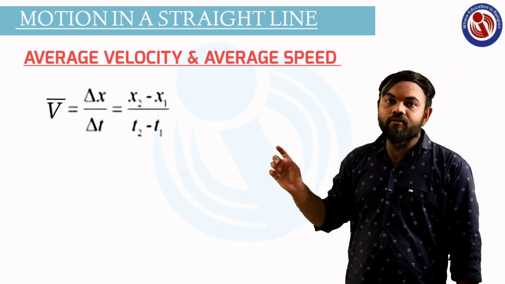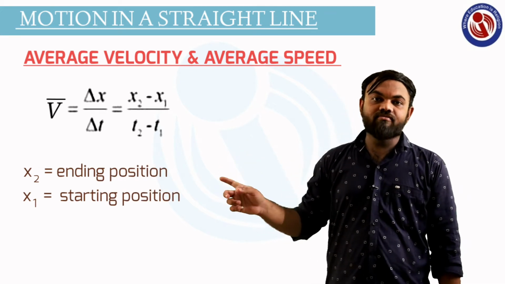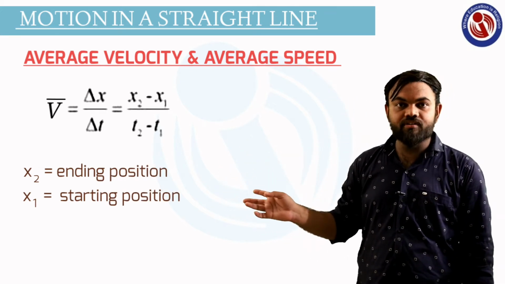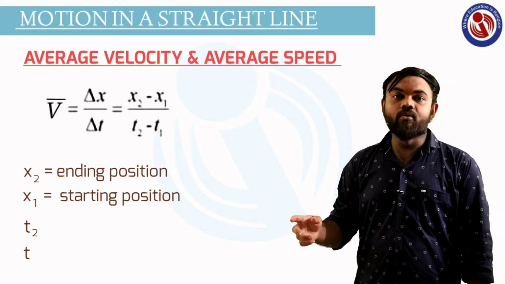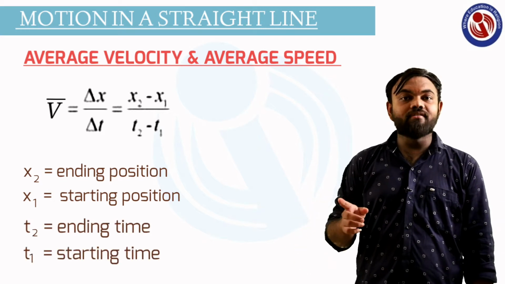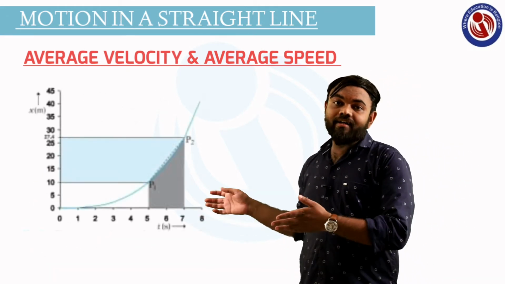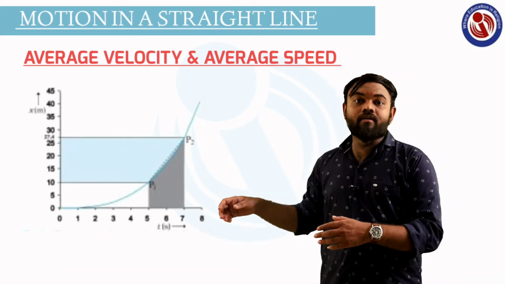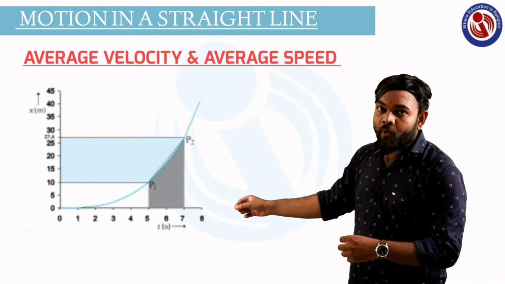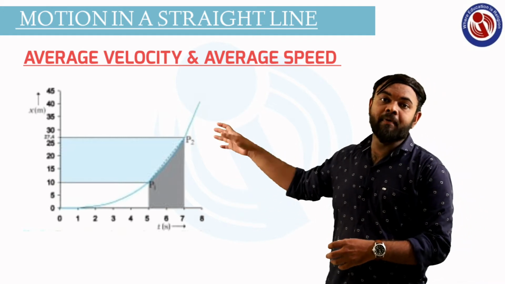Where x2 is the ending position and x1 is the starting position. What is t2? t2 is the ending time, and what is t1? t1 is the starting time. Here I can show you one graph. In the graph, one point is p1, the second point is p2.